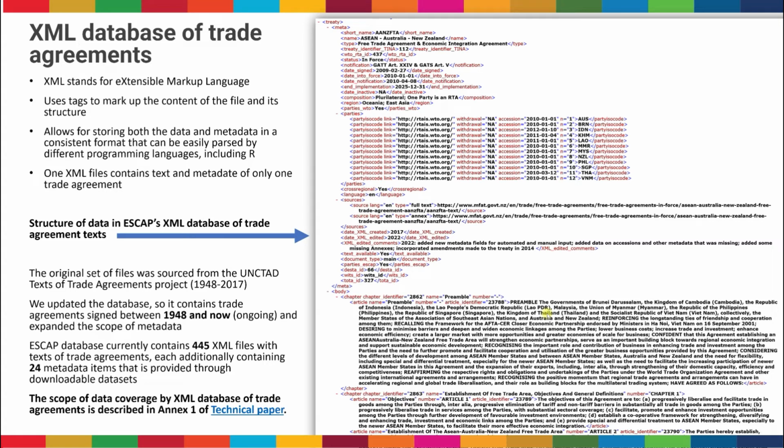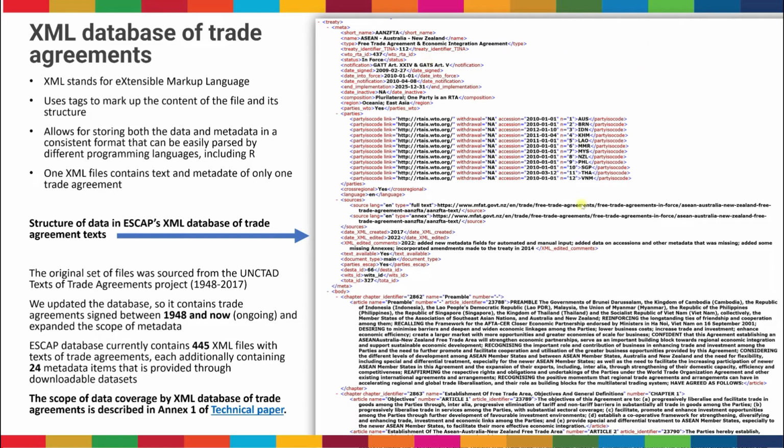The meta section contains all of the metadata about trade agreements, and here you can see what this metadata is. It contains the name of a trade agreement, and whether it is in force. You can see the dates when it was signed, went into force, and when it was notified to the WTO.